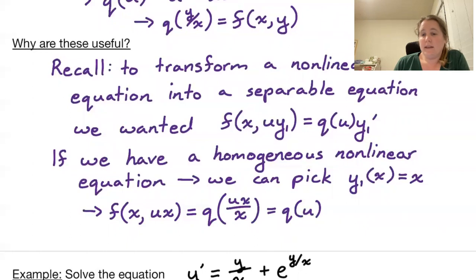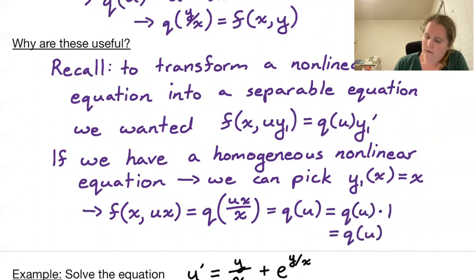And in this case, this is q of u times 1, better known as q of u times y1 prime. So if we are in this situation, it's very quick to then rearrange so we have a separable equation.